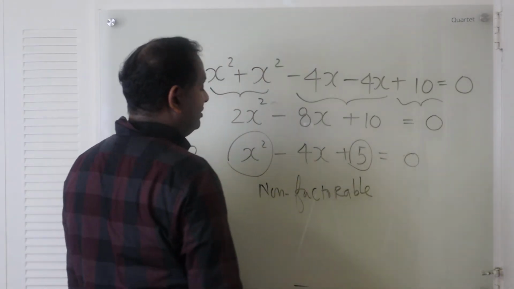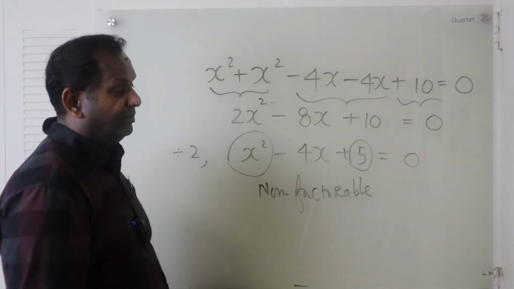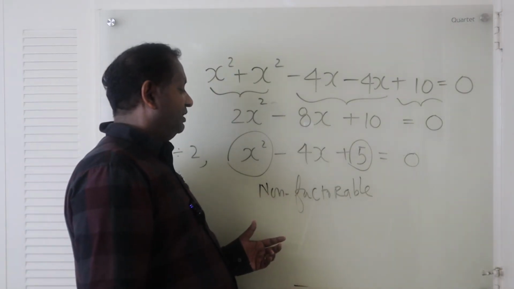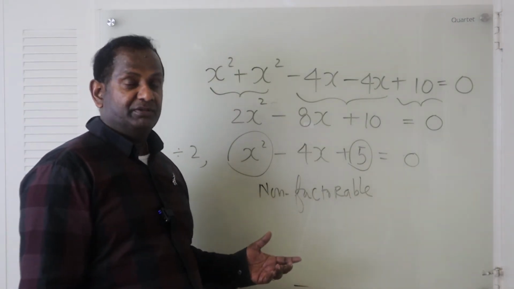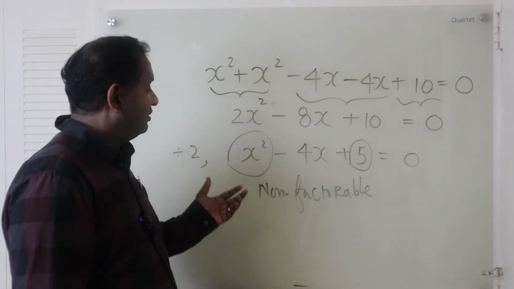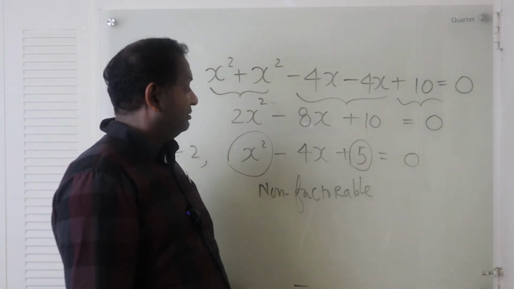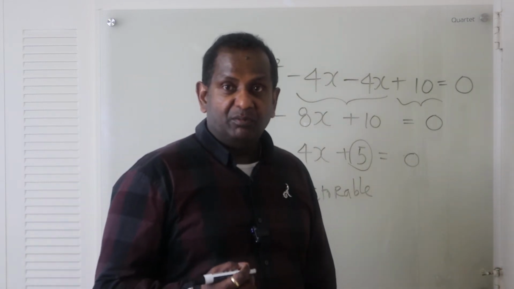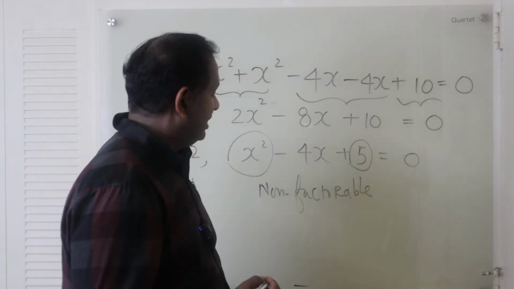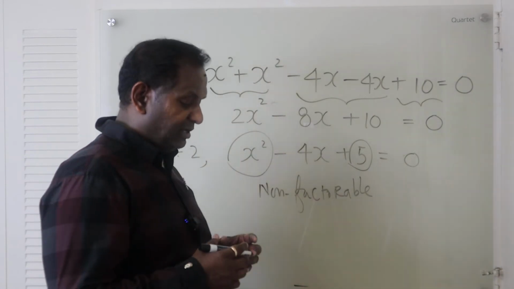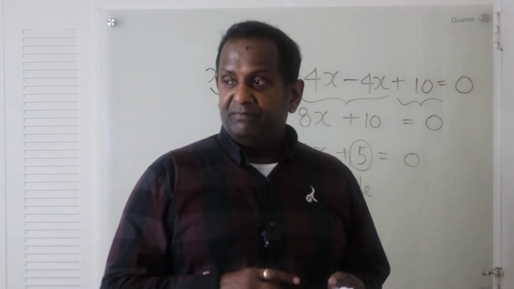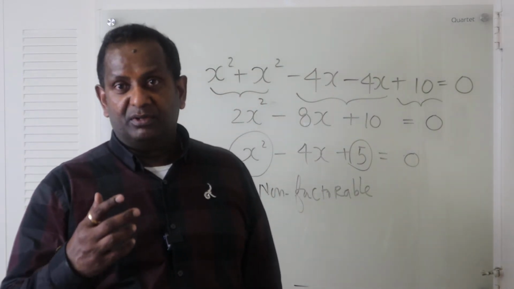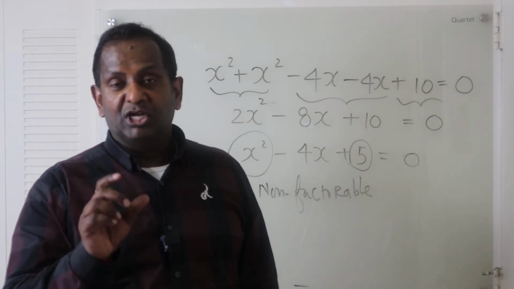But we're not going to give up. We still have hope, because we still have 3 more methods to be utilized in order to find the solution. We were thinking about using the quadratic formula. Before we go to the quadratic formula, we can figure out whether we have solutions or not by looking at just a part of it called the discriminant.